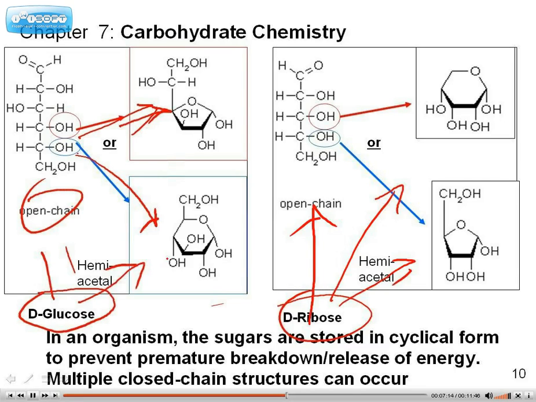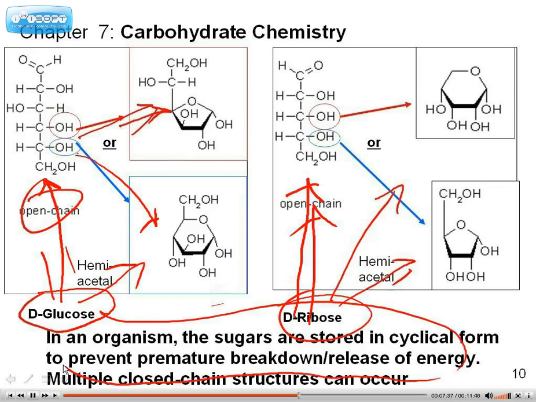So often what biochemists do is they have a naming scheme referring to that one type of isomer, since the other isomers are not existent in a living organism. So this one type of isomer has the name glucose. This other one has a name ribose. So this summarizes what I just said earlier. Open chain, energy, closed chain, temporary storage.